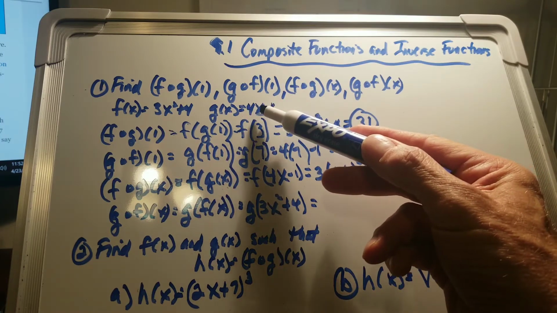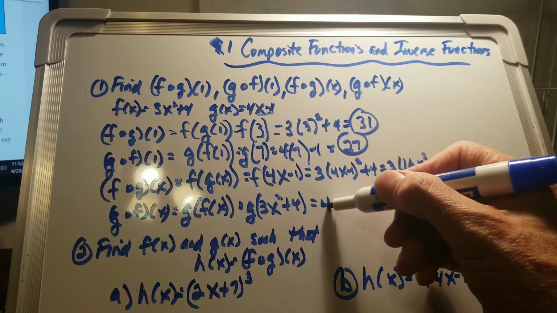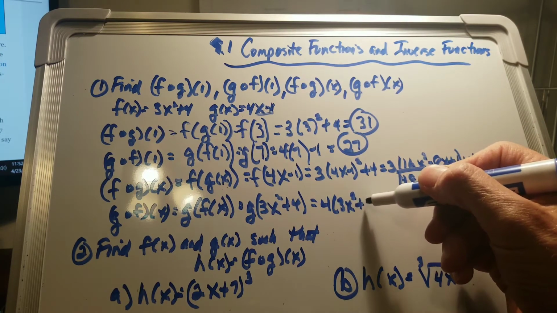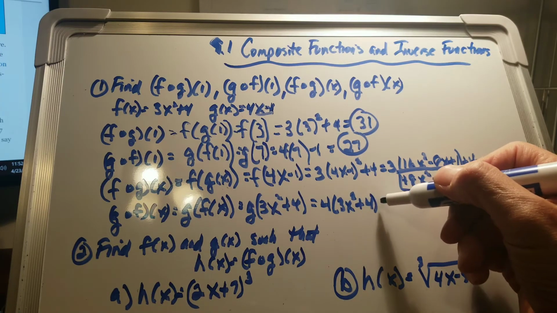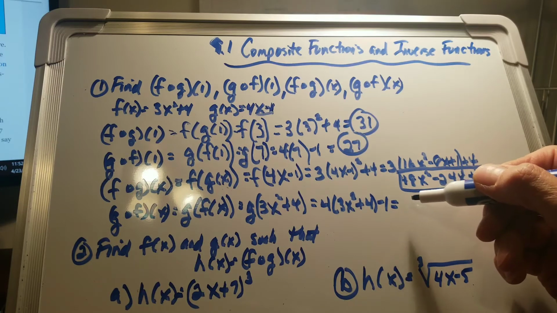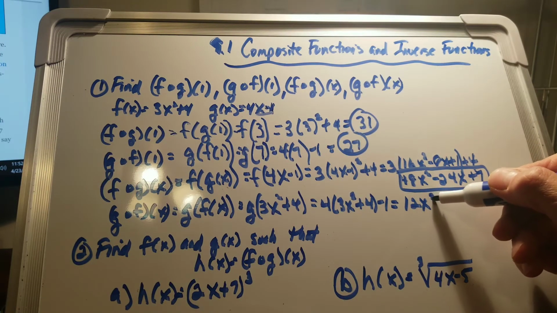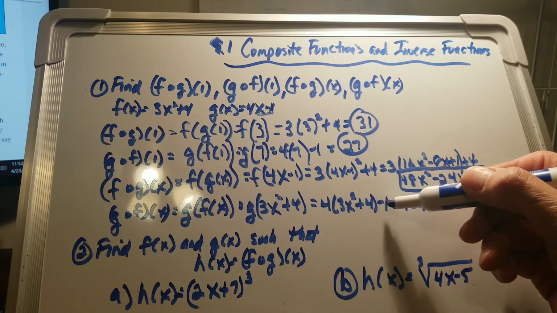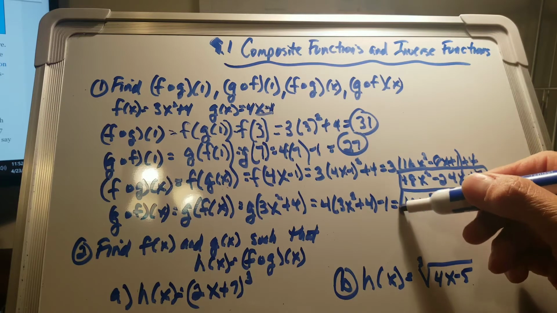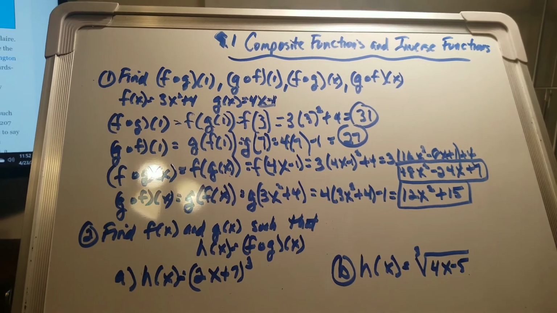Wherever you see an x, you replace it with this inside. So that would be 4 times 3x squared plus 4, minus 1, equals 12x squared, and that's 4 times 4 is 16, minus 1 is 15. There you go.